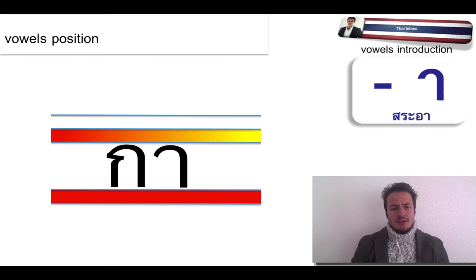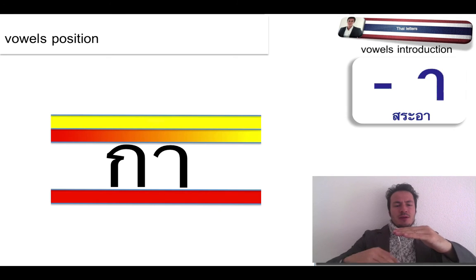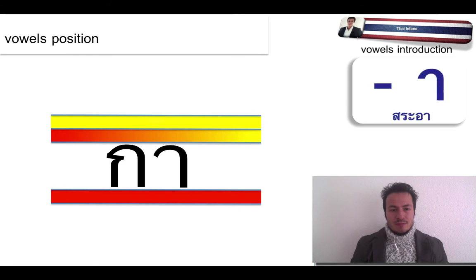On top of it, the first top layer, we have an area which is used for either vowels or tone marks. And the highest layer, even on top of that, if it's used at all, is used for tone marks only. So if there is not only a first but a second top layer, you already know this must be the tone mark. Sometimes you have tone marks in the first top layer if there is no vowel above it, but within the examples we will see how that works.